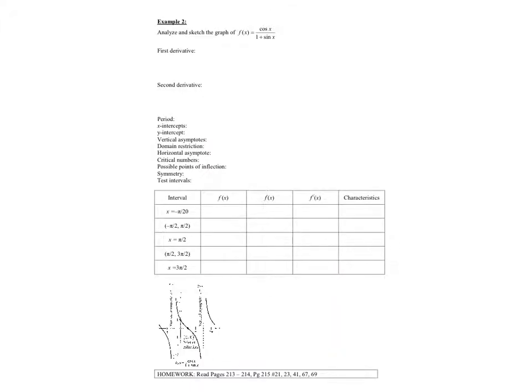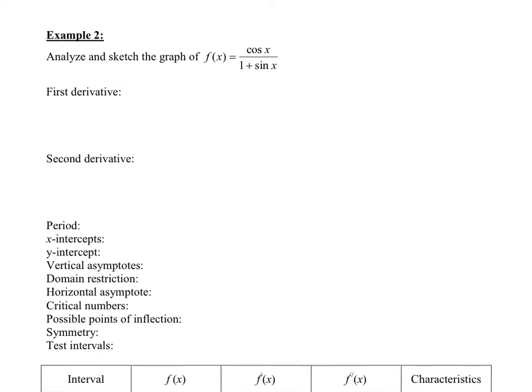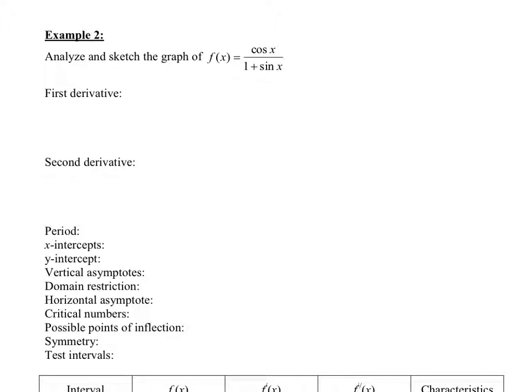Alright, so let's analyze and sketch the graph of cosine over 1 plus sine. So let's just start with kind of the easy stuff. Where are the x-intercepts going to be? Y equals 0.